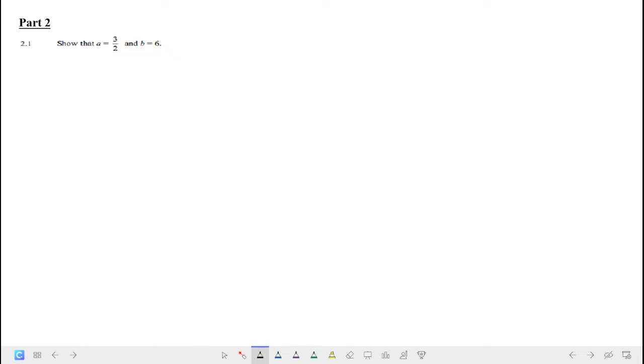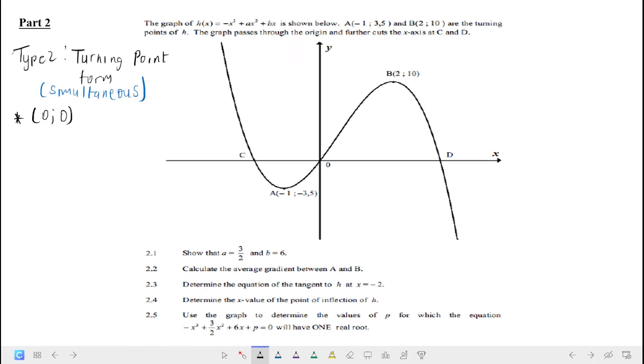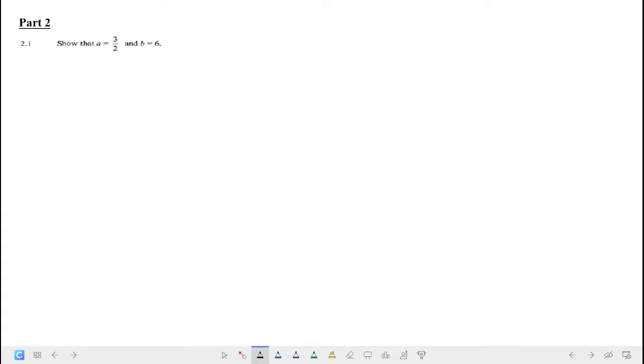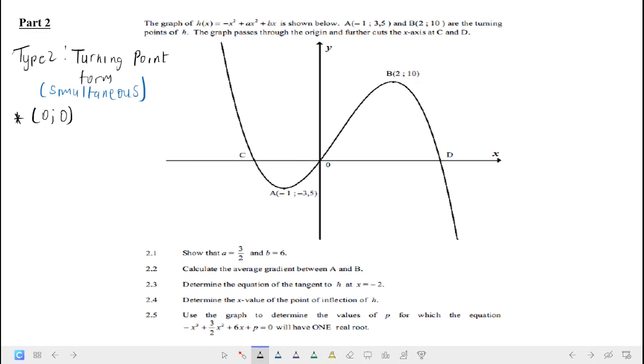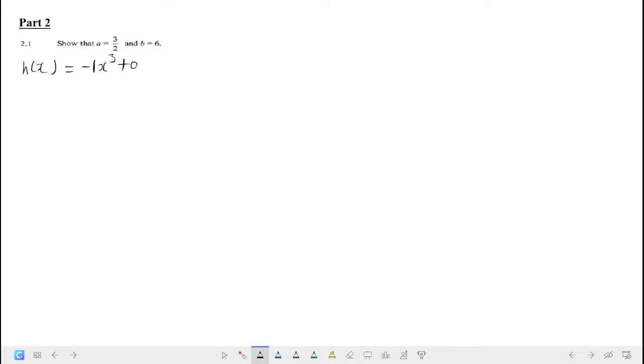The first question says show that a equals 3 over 2 and b equals 6. First we're going to write in the equation: h of x equals minus 1 x cubed plus ax squared plus bx, right?